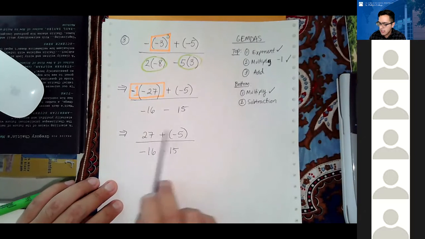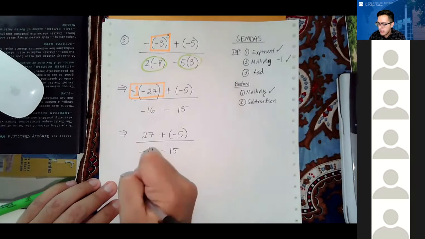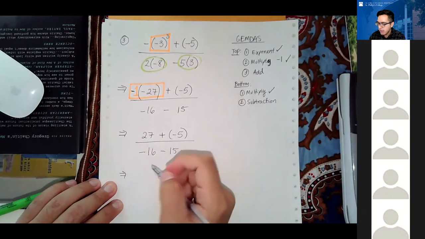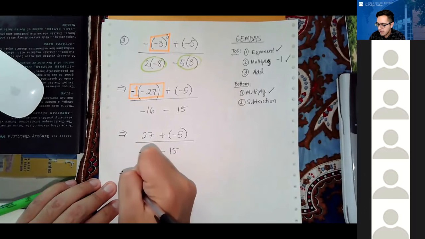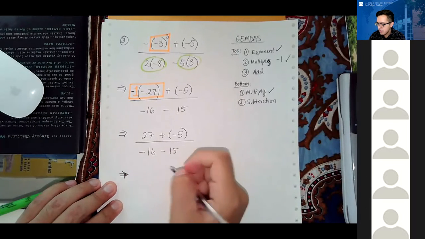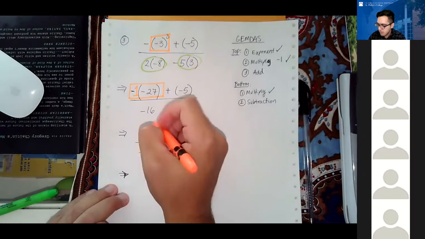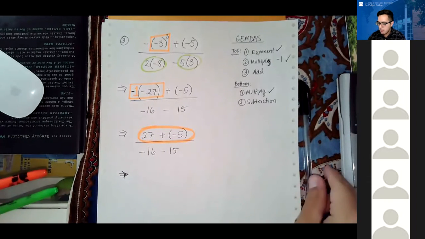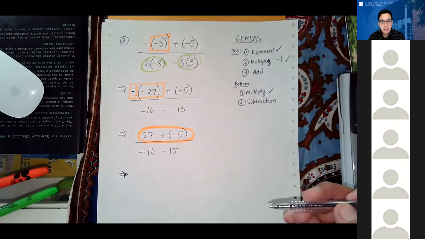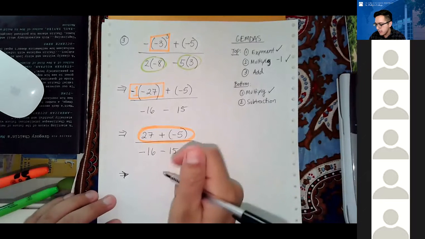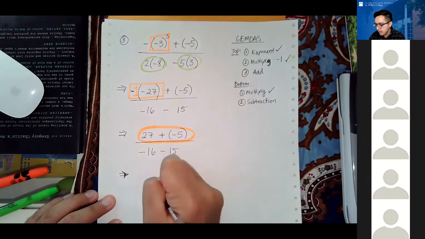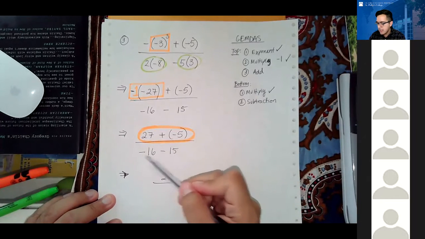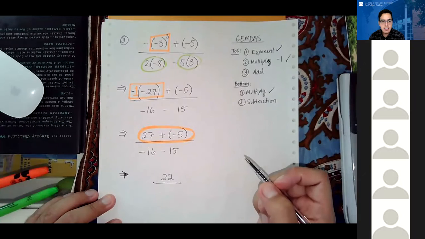So if we took care of the addition on top, what is 27 plus -5? Does anybody know? 22. Yeah, it's just easier to think about it as 27 minus 5, right? So that's 22 on top. And then can anybody tell me what -16 minus 15 is?